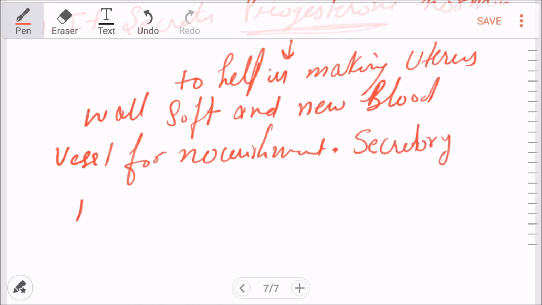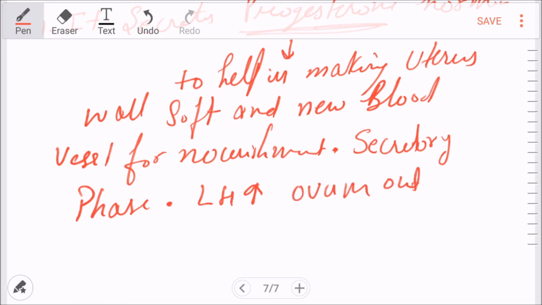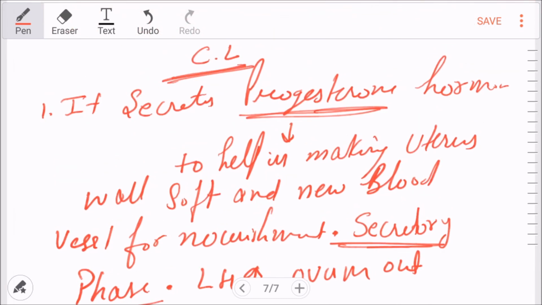This is all done when there is an LH surge and the ovum is out, then the secretory phase comes into place, which is due to progesterone hormone secreted by the corpus luteum.